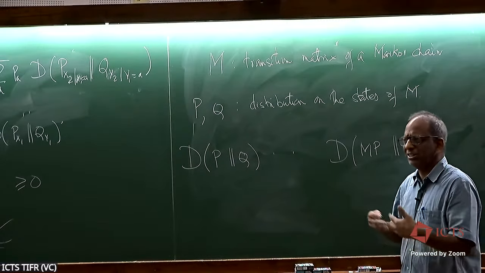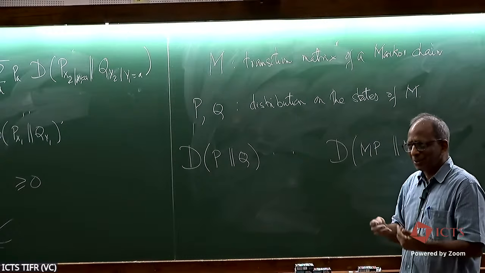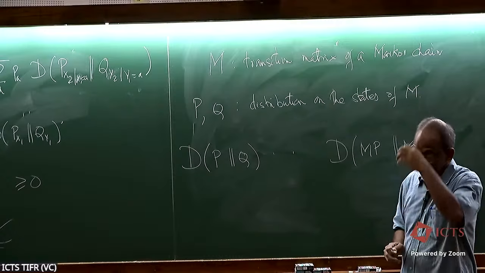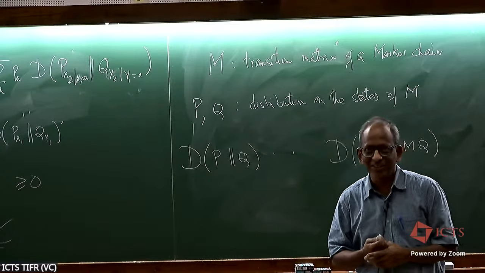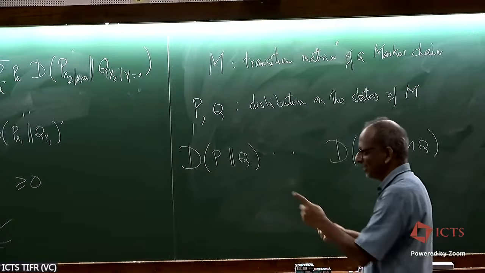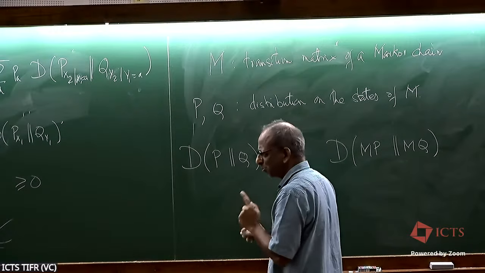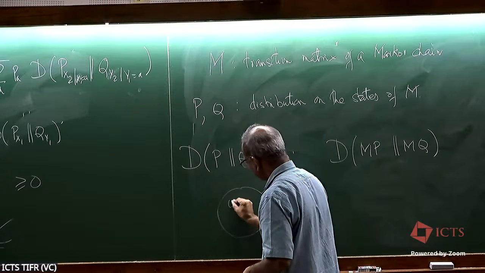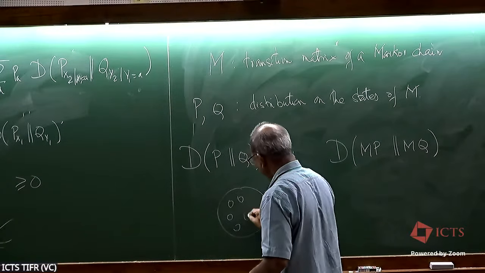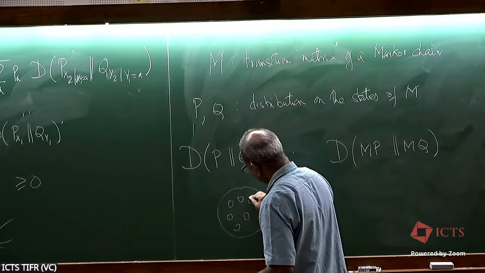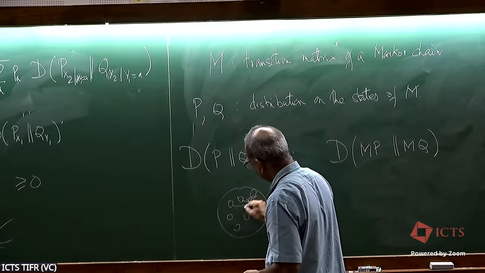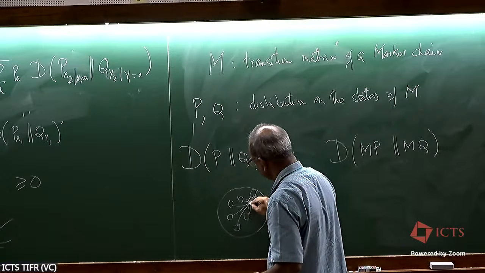Will it become easier or harder to distinguish between the two? It should probably be clear that it perhaps shouldn't become easier. Suppose the Markov chain had a sink state and everybody just headed to the sink state with probability 1.